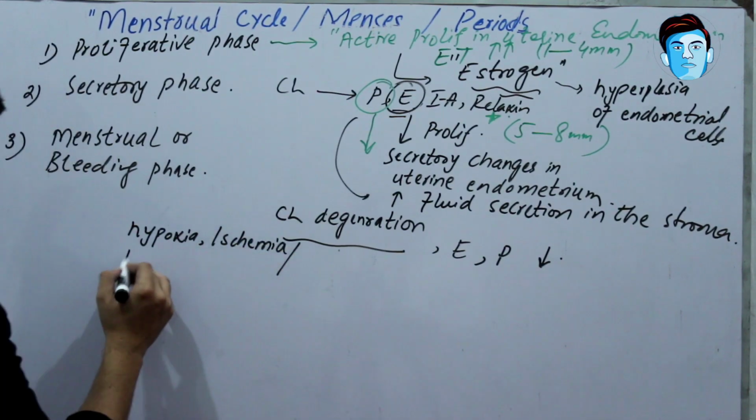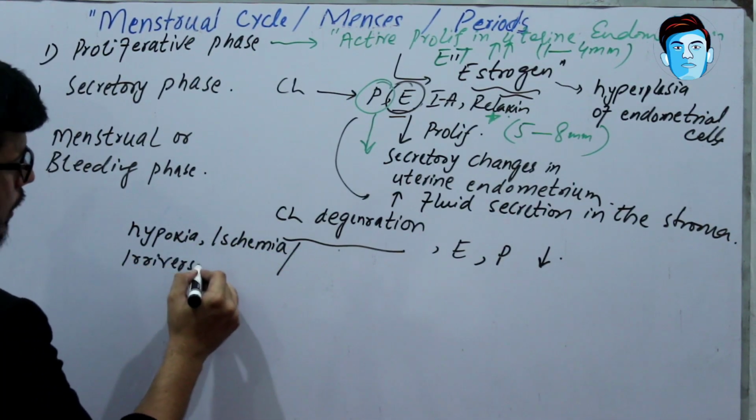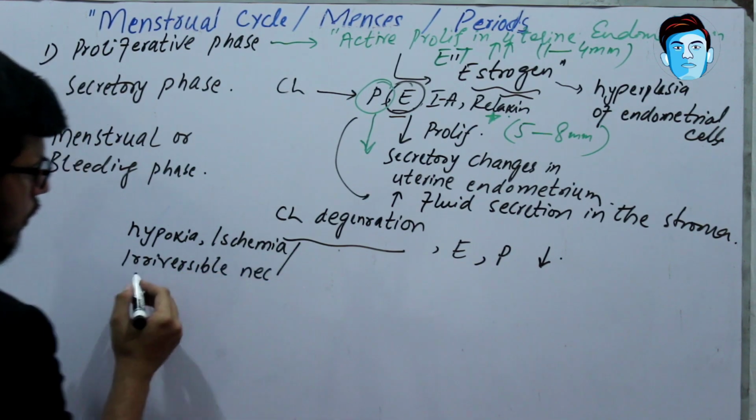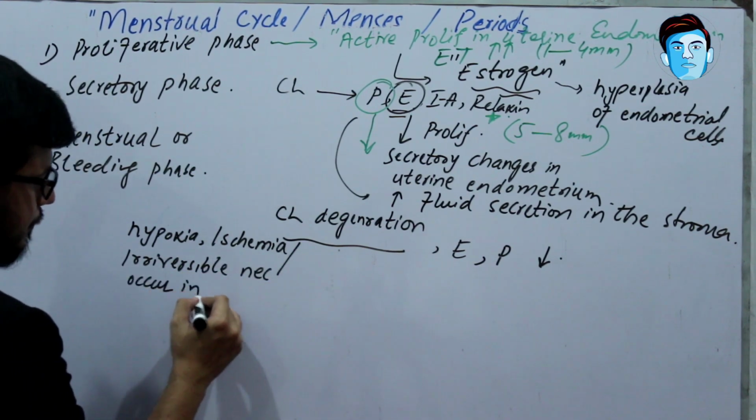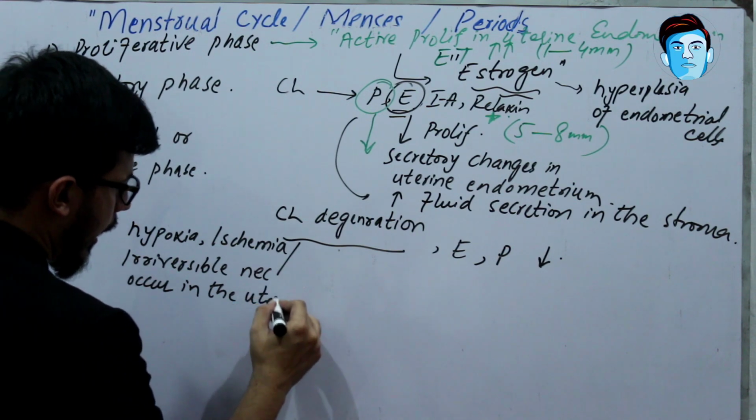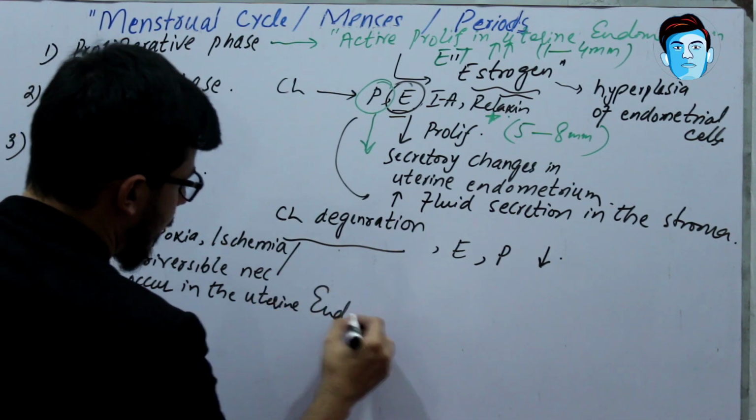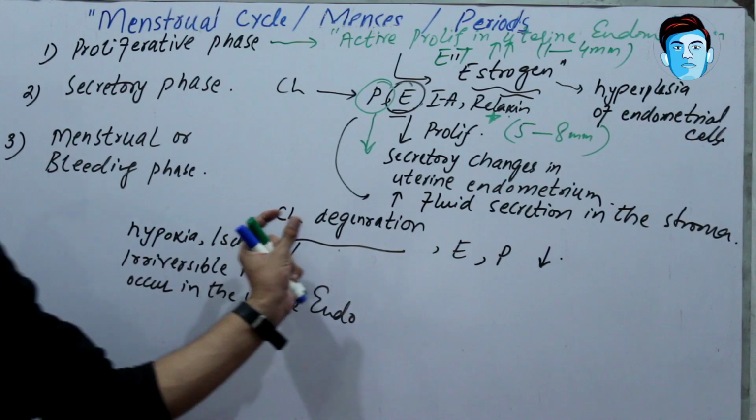And there is irreversible necrosis in the uterine endometrium.